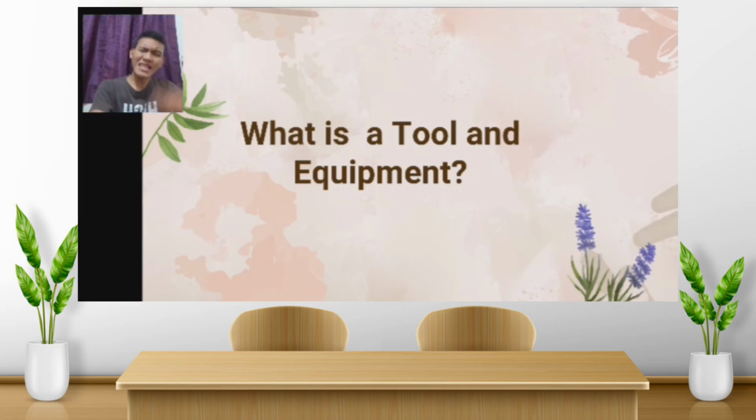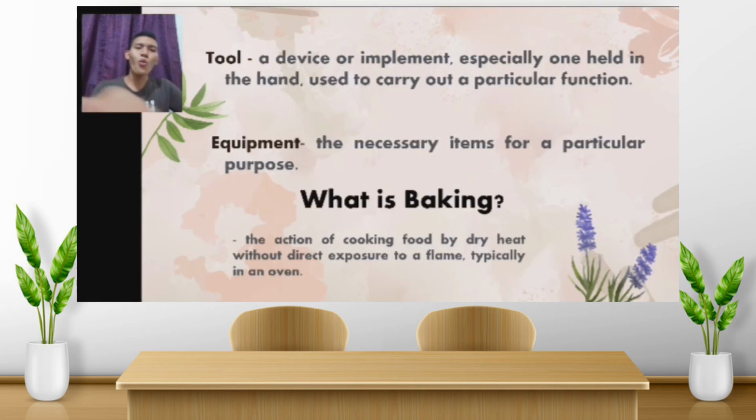So what is a tool and equipment, class? If you have any idea, you can comment on my video. When we say tool, it is a device or implement, especially one held in the hand or used to carry out a particular function.